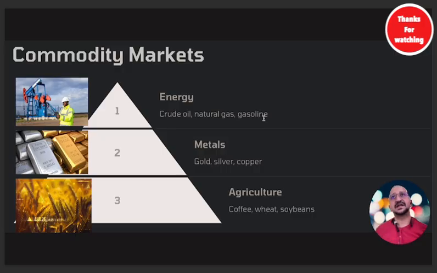Now, for this, what exactly happens, guys? There is a new technique of doing this. Not exactly new, but there is another technique. You buy these on contracts. You don't buy the real stuff. You buy the products virtually, on paper. Say today, I, Pranay Vyas, buy 100 gallons of crude oil.